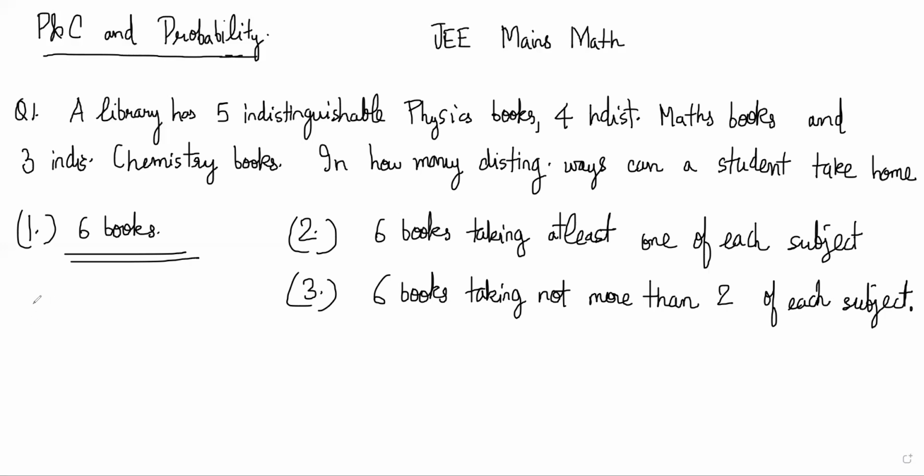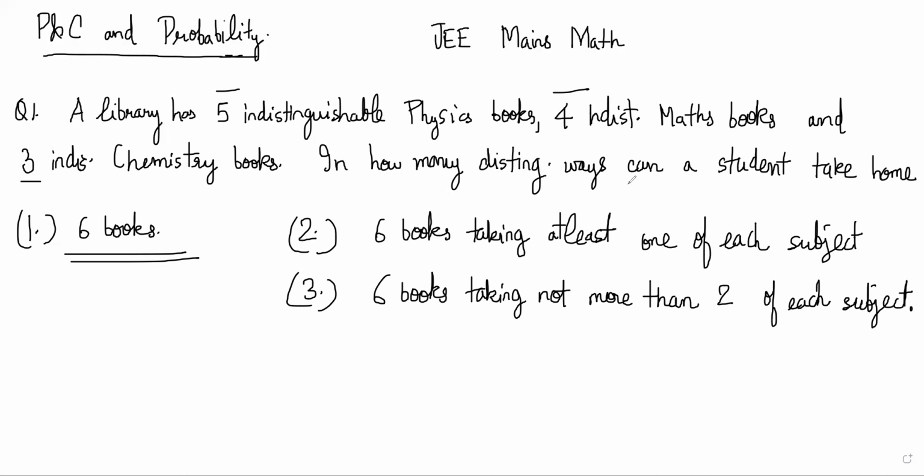That will select how many books then? Like, 12 factorial by 5 factorial, 4 factorial, 3 factorial is the number of ways to arrange all of these books in a line, right?